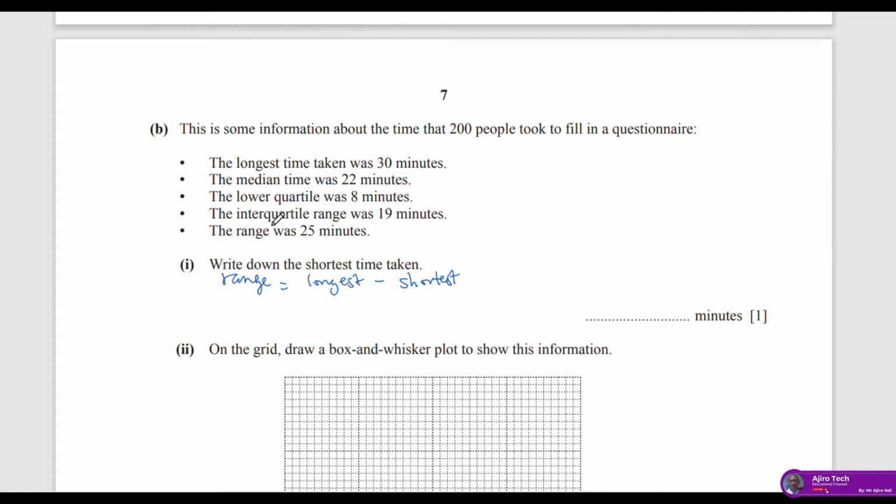You know that the range is 25. The longest is 30 minus shortest. So if you rearrange, you should get 5. That means shortest is 30 minus 25, which is 5. 5 minutes should be the shortest.